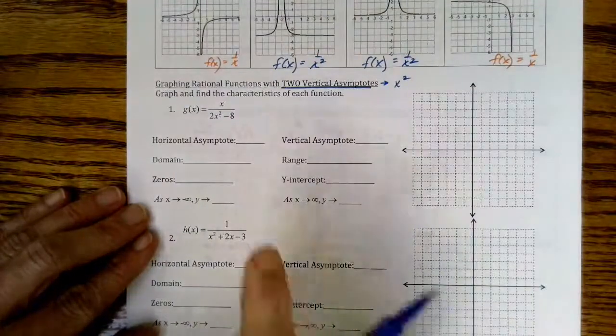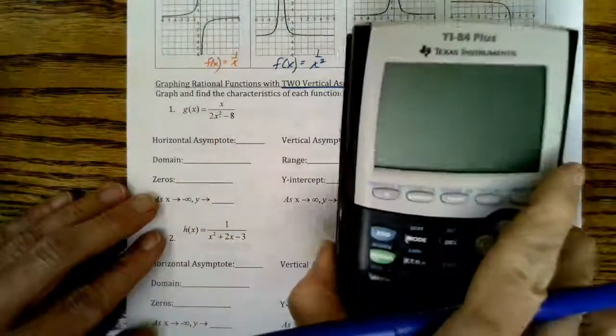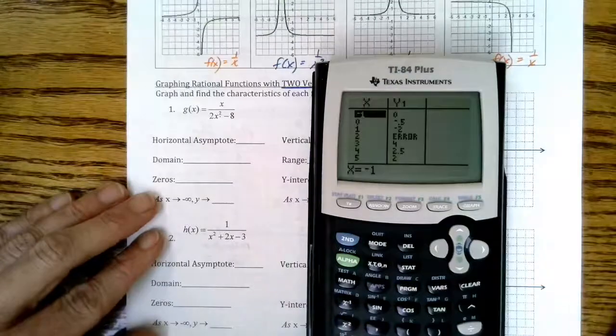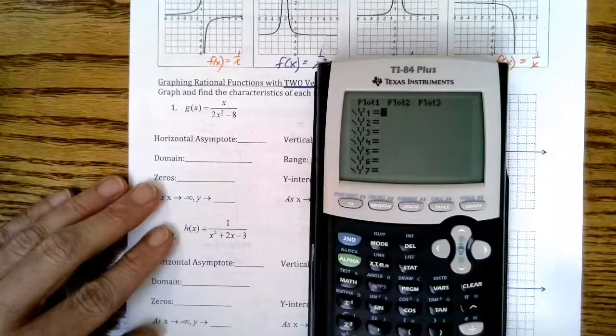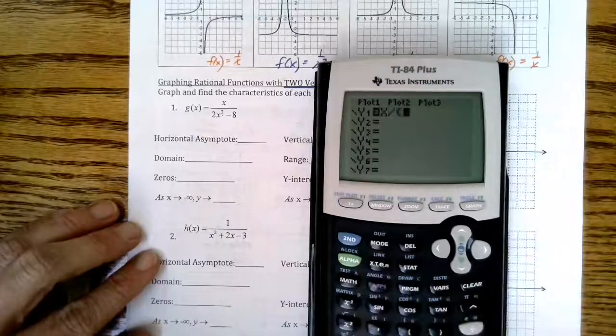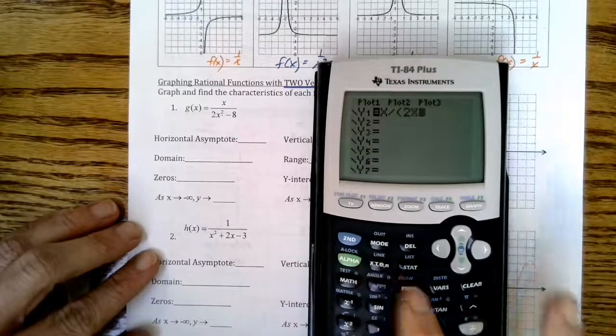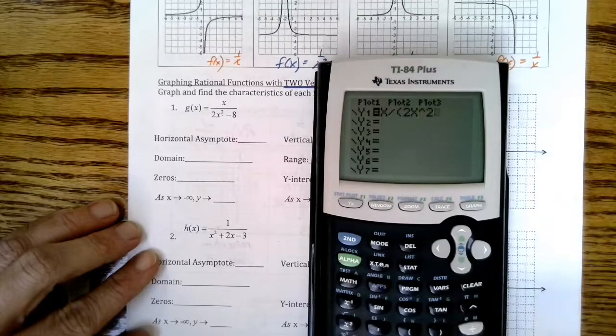So when we look at each of these, remember our first step is always, always, always enter it into the graphing calculator. So we're going to say x is divided by, make sure you have your parentheses, 2x squared minus 8.